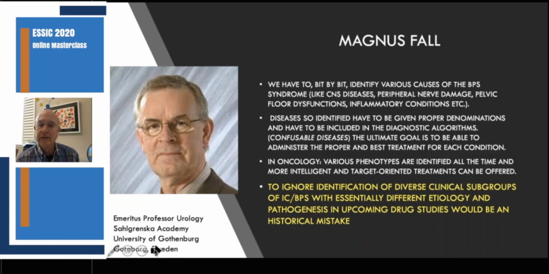In oncology, various phenotypes are identified all the time, and more intelligent and target-oriented treatments can be offered. To ignore identification of diverse clinical subgroups of IC-BPS with essentially different etiology and different pathogenesis in upcoming drug studies would be an historical mistake."